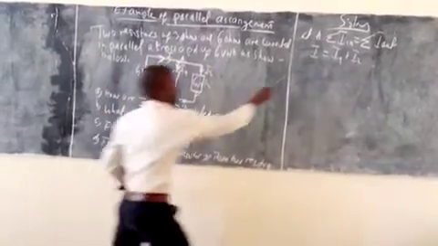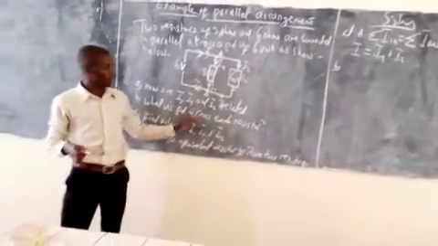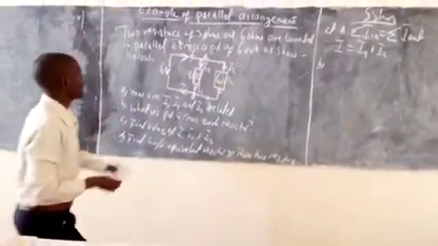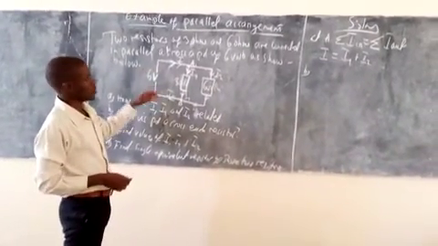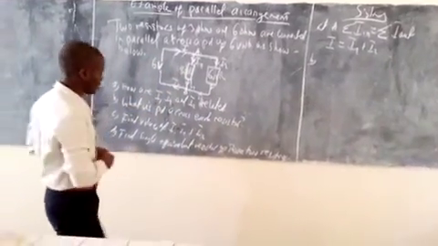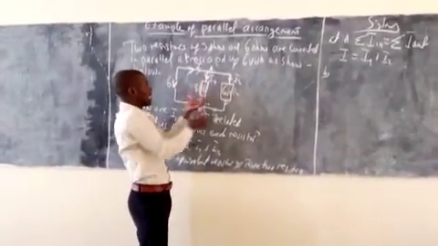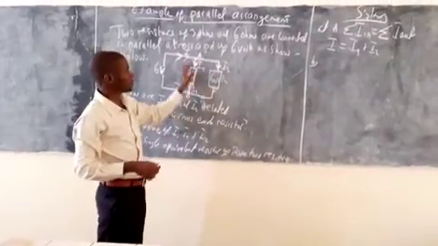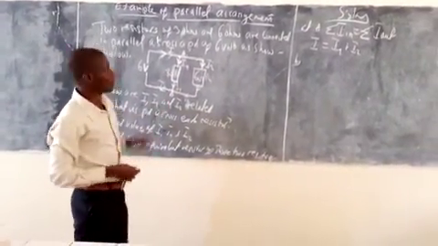Then number B: what is the potential difference across each resistor? Now, let us imagine that this battery has negligible internal resistance. So all the potential difference provided by the battery is across the resistors. And we know that if two resistors are arranged in parallel, they have the same potential difference across them.